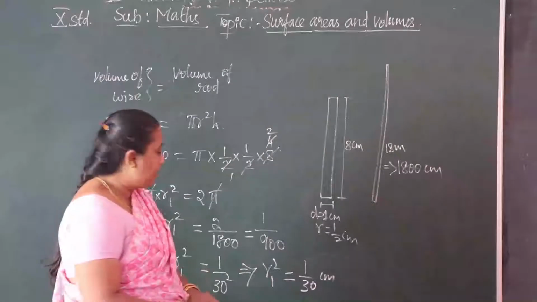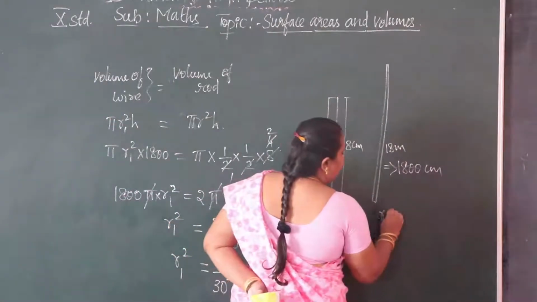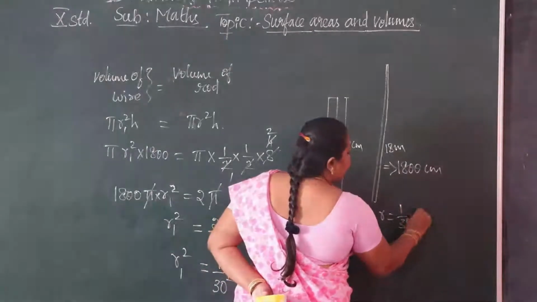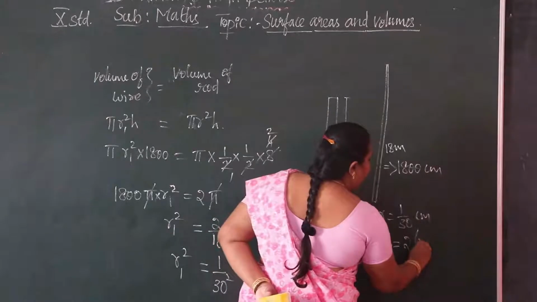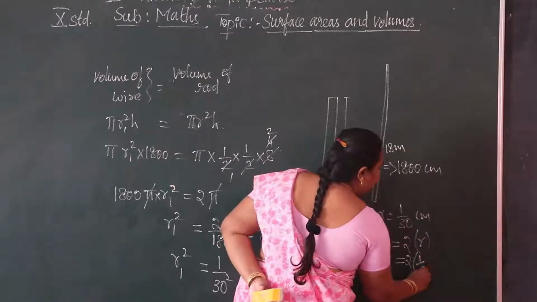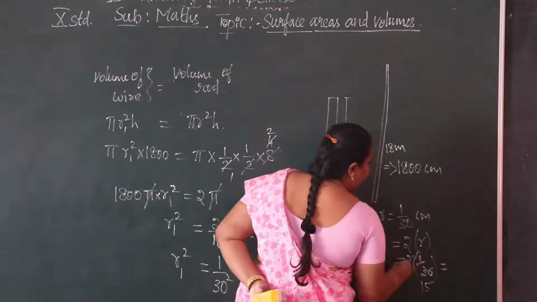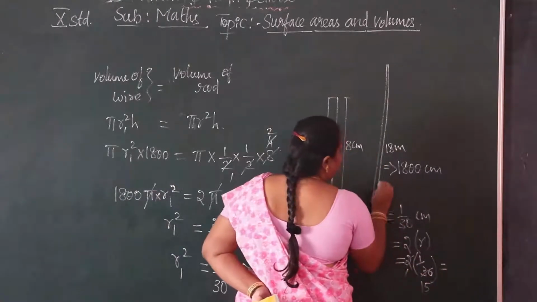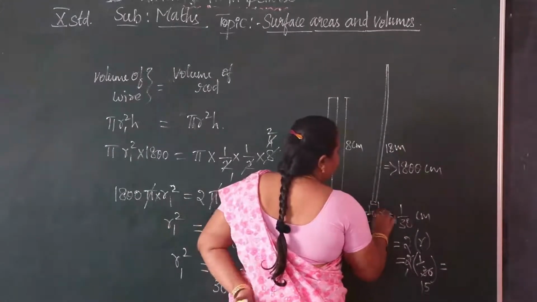See here, the radius R equals 1 by 30 centimeter. So diameter equals 2 into R, which is 2 into 1 by 30. 2 ones are 2, 2 fifteens are 30. So the diameter D equals 1 by 15 centimeter.